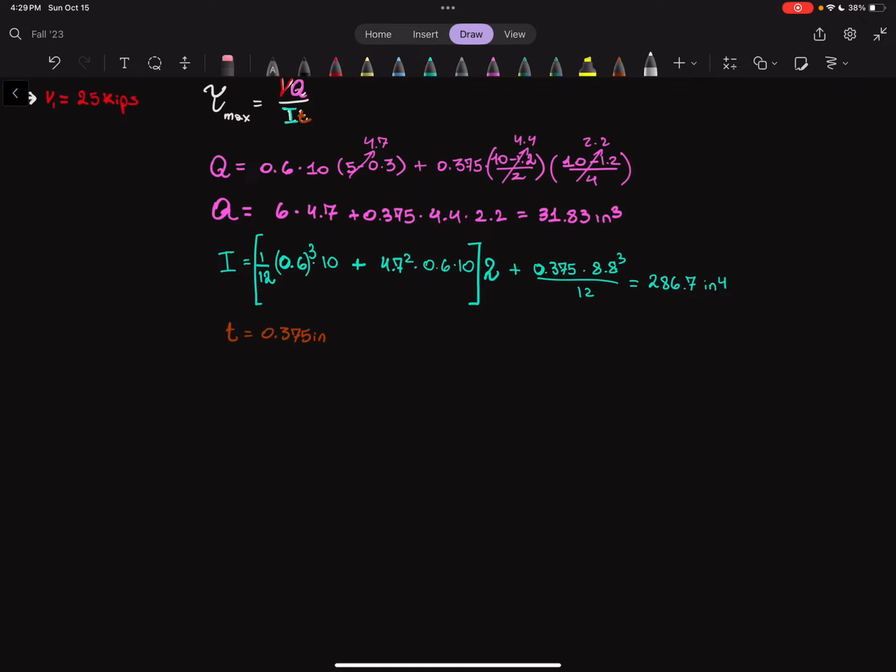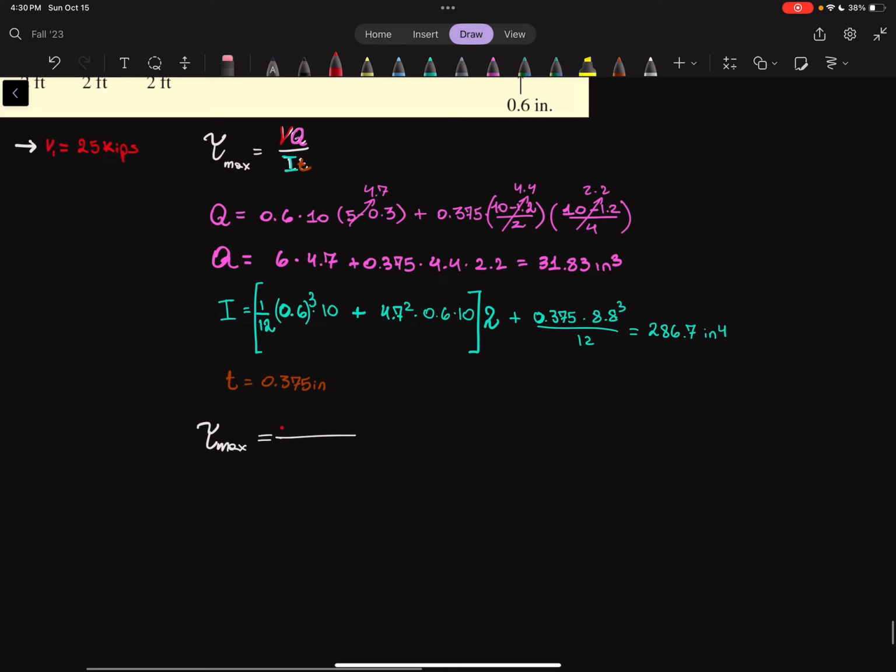So thickness, not tau, is 0.375 inches. So now, my tau max is going to be equal to my 25 kips times Q, which is 31.83 inches to the third, divided by 286.7 inches to the fourth, times 0.375 inches.